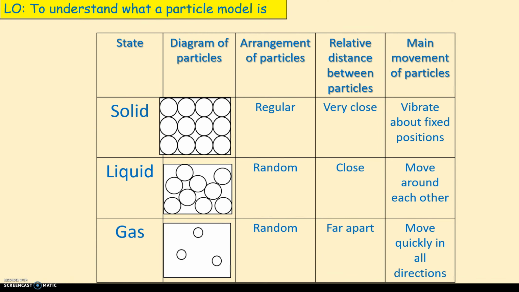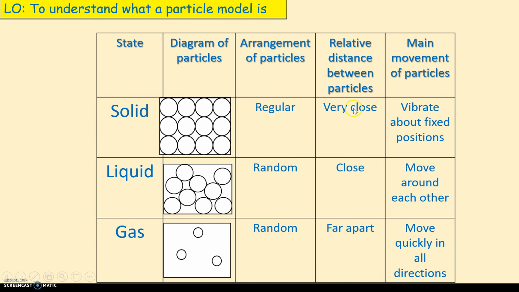Well done, Year 7s. You should have something that looks like this. Please use your green pen to green pen your work. Okay, so the first one was a solid, the second one was a liquid, and the third one was a gas. Solids are regular in their arrangement of particles, whereas liquids tend to be random, and gas as well is quite random.